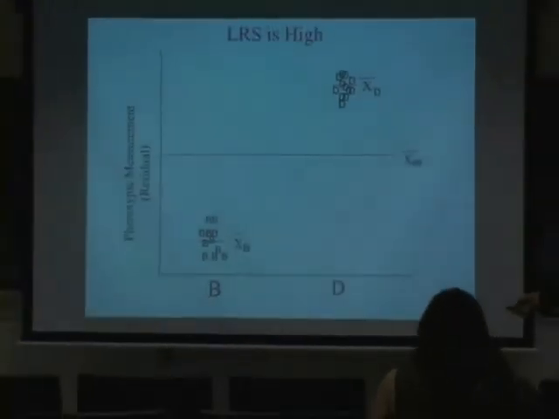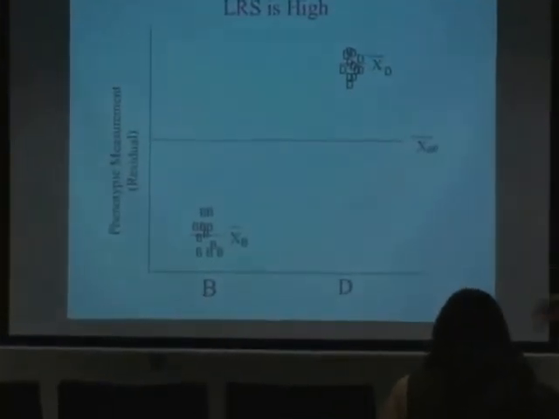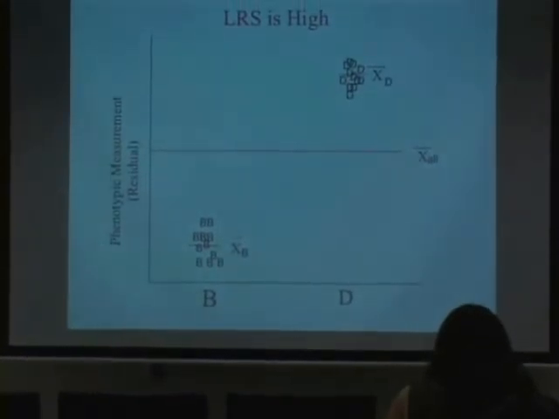Again, it uses the likelihood ratio statistic, and now let's talk a little bit about what the likelihood ratio statistic does again. First of all, at a given locus or marker, it takes all of the animals that have the B form and puts them in one pile, and all that have the D form of the DNA puts them in the other pile.